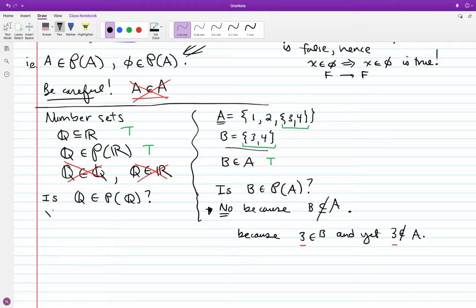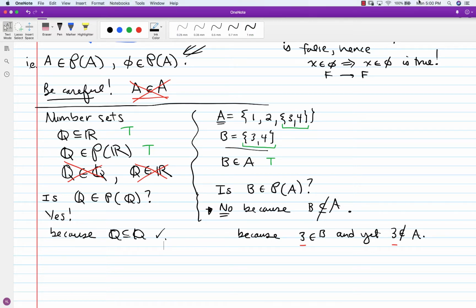Okay, the answer to this question, I hope you decided, was yes. This is true because Q is a subset of Q, right? And this is just based on the more general argument that we had a little bit ago, that every set is a subset of itself.